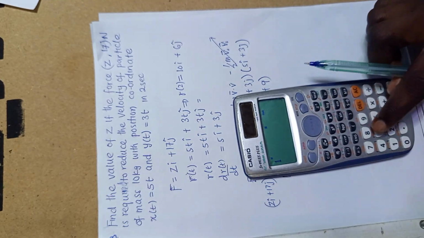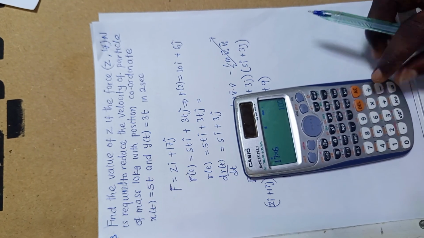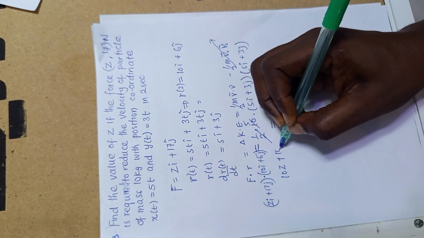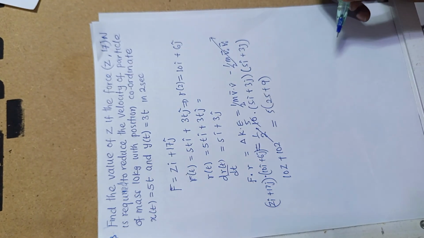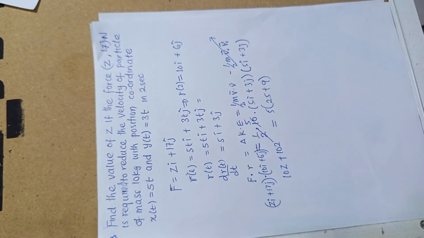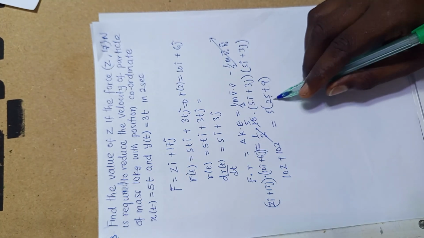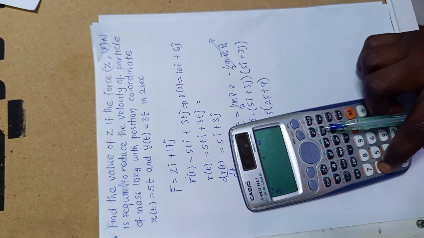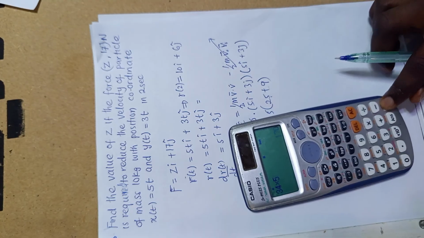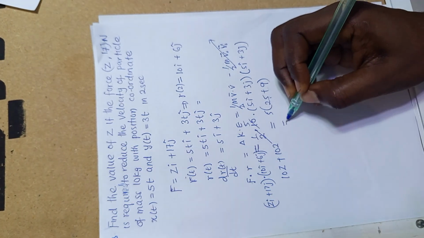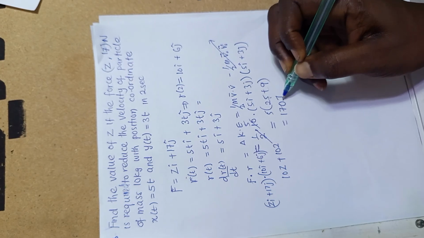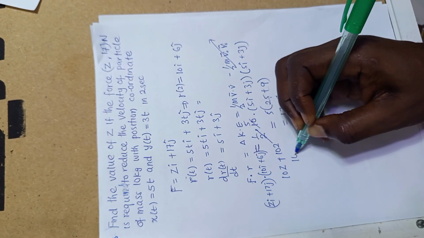So I have 102. So this one will give us 34. 34 times 5 gives us 170. So 170 joules is equal to what?